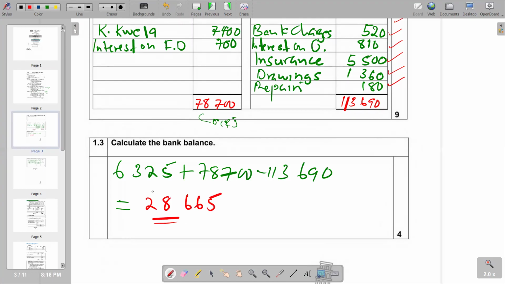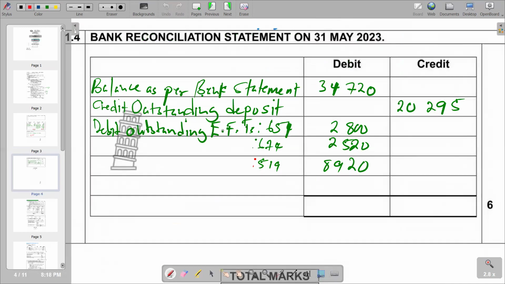But obviously, this bank balance should be the same as the one that we are going to get in the bank reconciliation statement. So this is our bank reconciliation statement, and we have to balance it. By balancing it, we add the total of the debit and the total of the credit and see which one is greater. By mere looking, you can see that the debit side is a greater total.